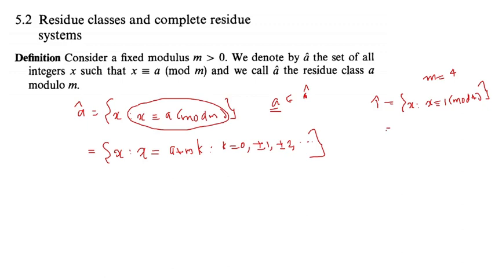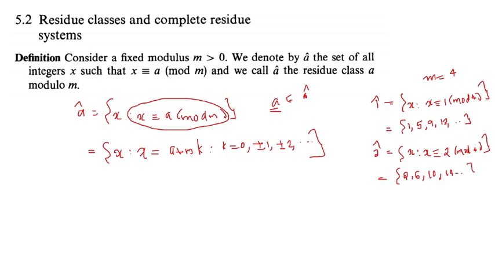That means the set of all 1, 5, 9, 13, etc. 2 cap is nothing but the set of all x such that x is congruent to 2 mod 4. That is 2, 6, 10, 14, etc.